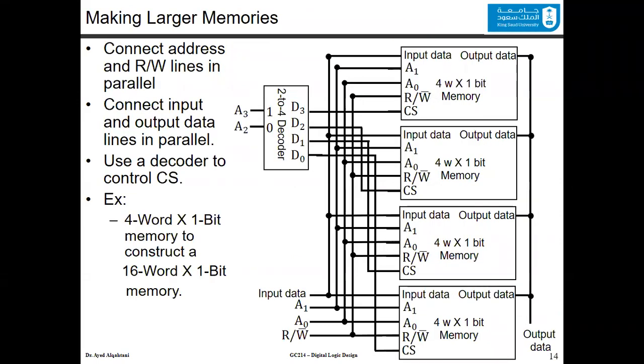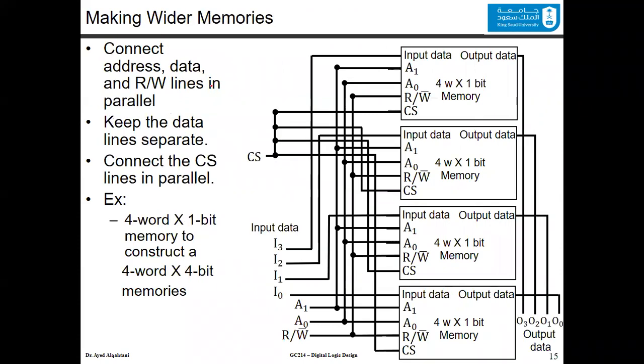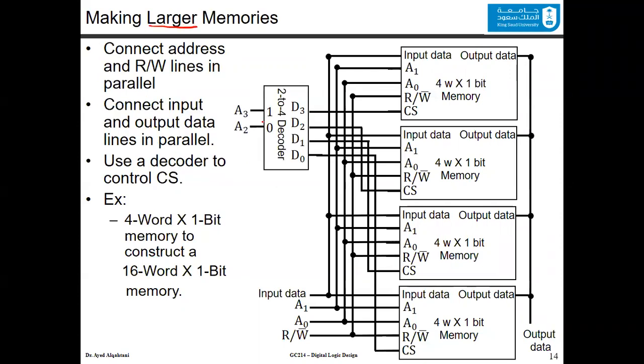Now, how to make larger memories and how to make wider memories. First, we will talk about the large memories. What we did here, if we have a 4-word by 1-bit memory, and we would want to construct a bigger memory where it has 16 different words, we can do that by repeating this one 4 times.